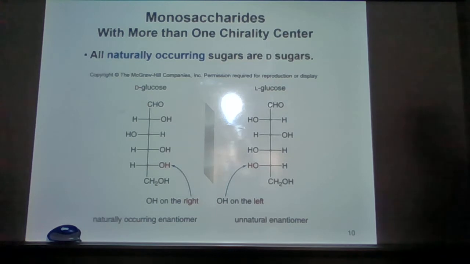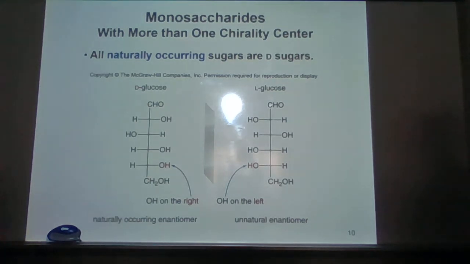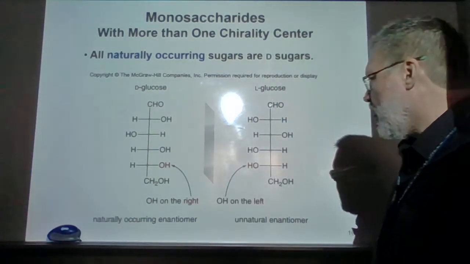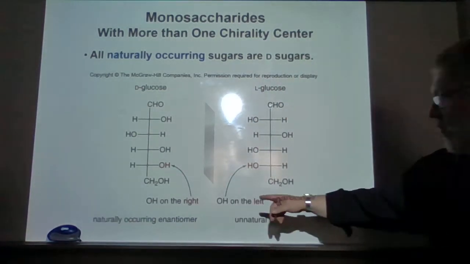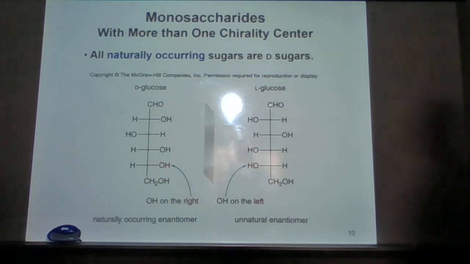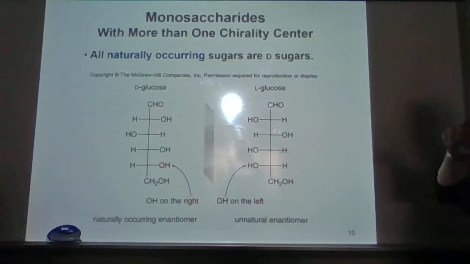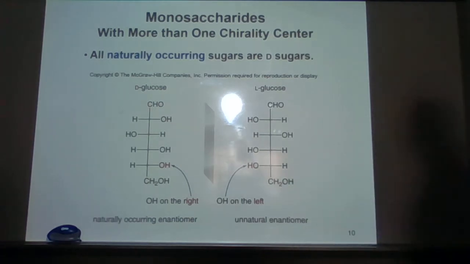All the sugars that occur in nature are D sugars. So D-glucose, D-mannose, sucrose, all those sugars have this last OH on the right-hand side. These are all naturally occurring. L-glucose has this last OH on the left-hand side.